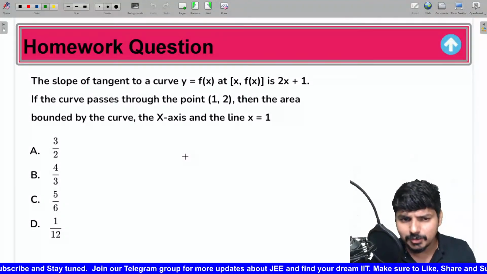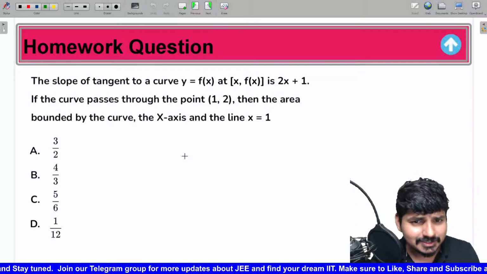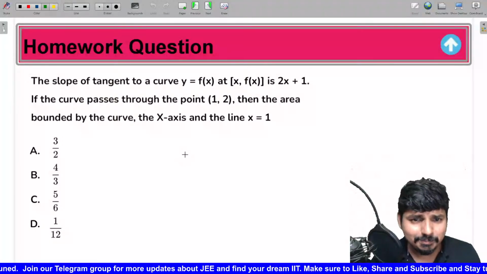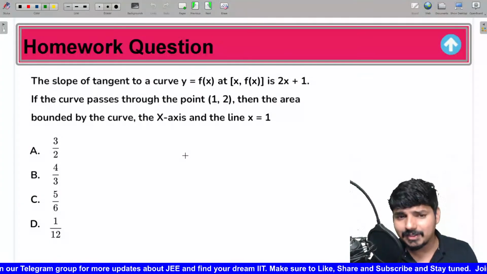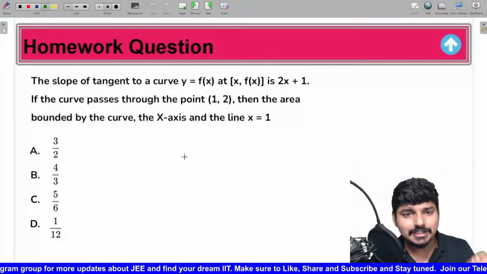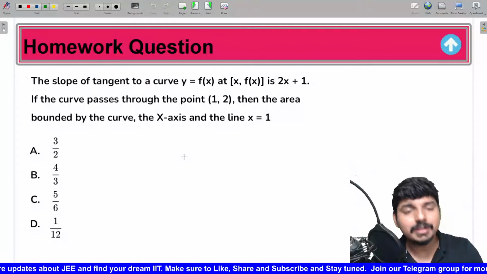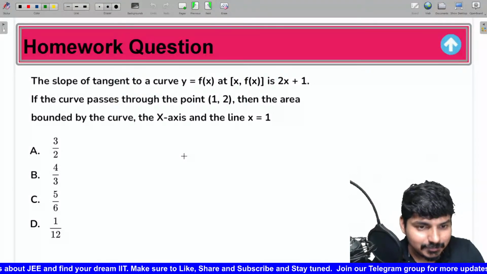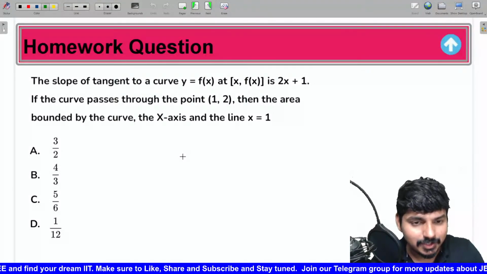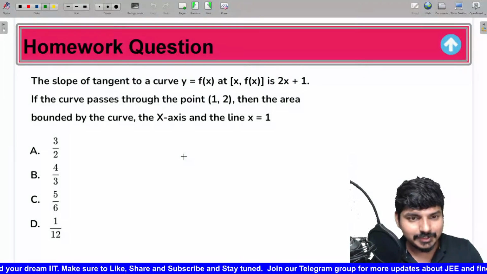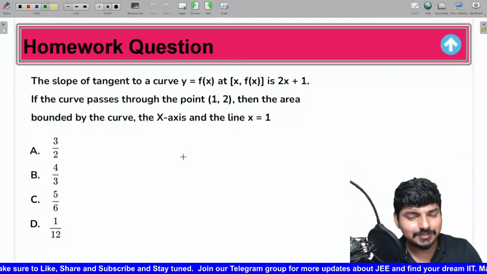Did anyone get the solution? No one got the answer? Anyone here in the chat box? Hi Harman, good evening, how are you? Did you get the answer for this question?